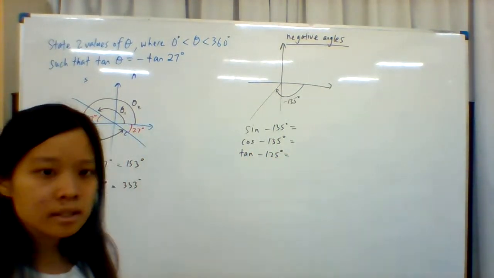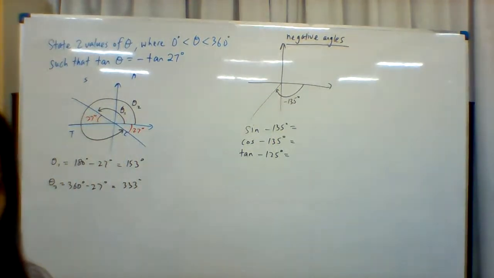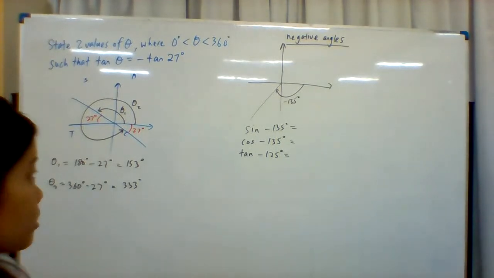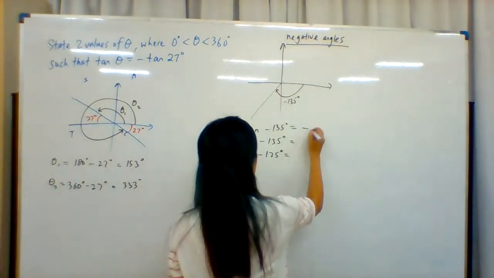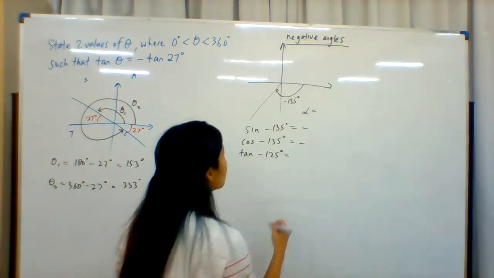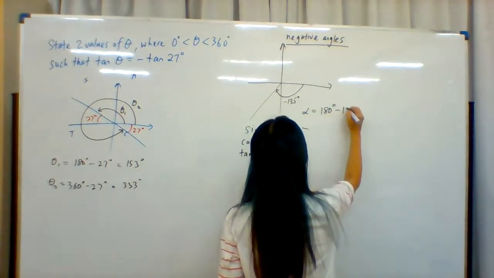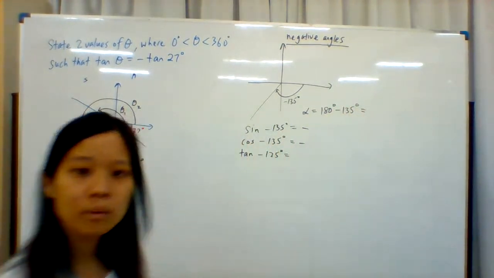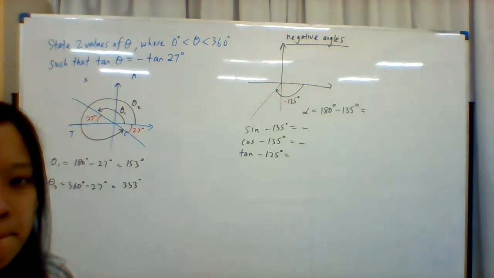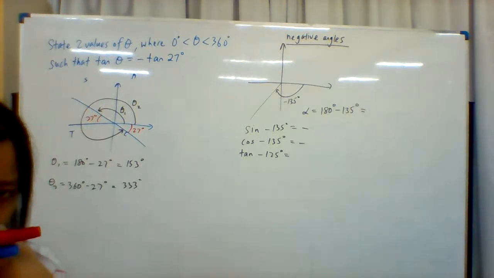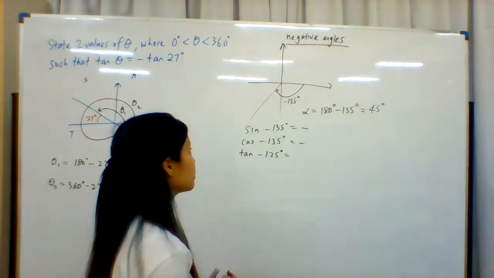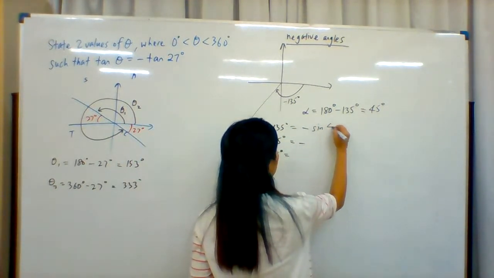And you still consider the sine, cos, tangent for that quadrant. But because now it's in the third quadrant, only tangent will be positive, right? In the third quadrant. So this will be negative, negative, this will be positive. And then, oh yeah, you have to find your basic angle. So, what do you get when you minus? Okay, so here will be sine 45.